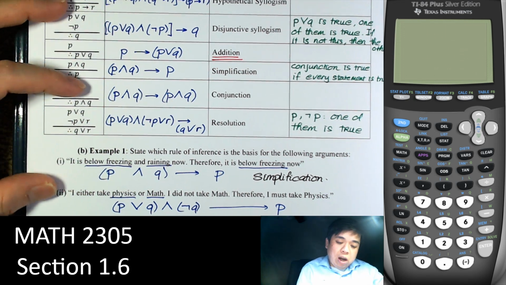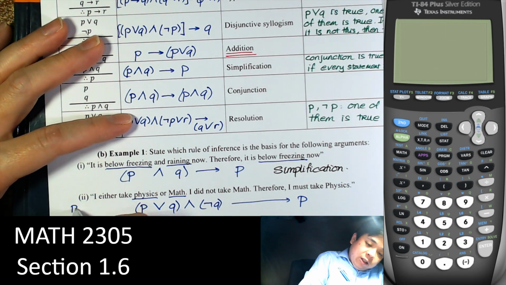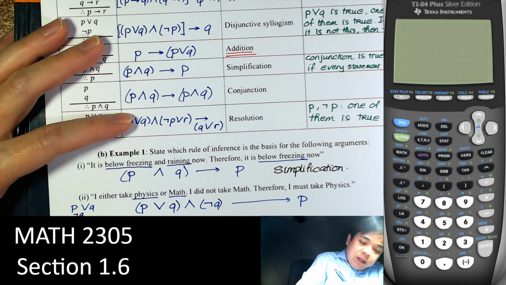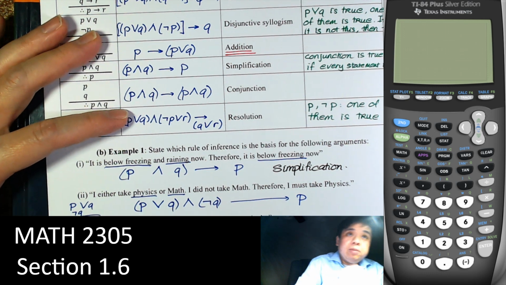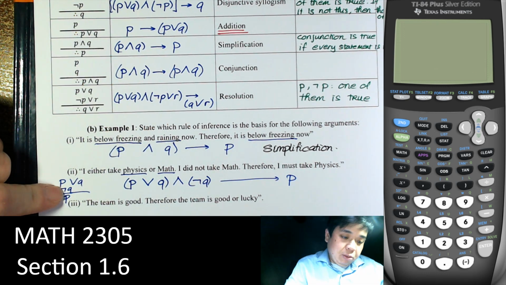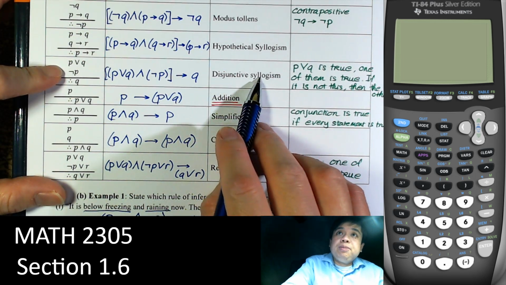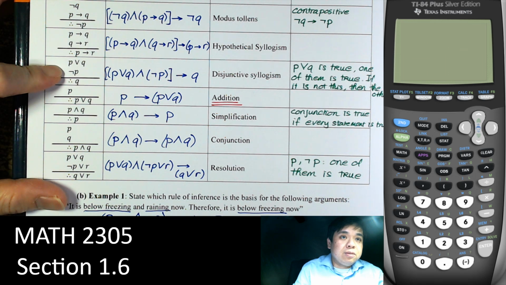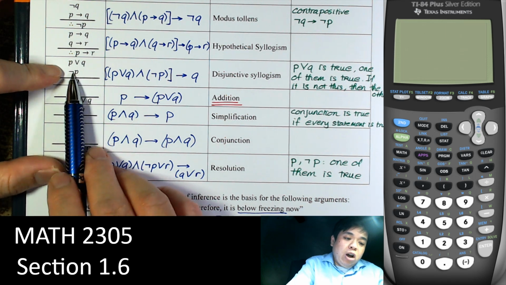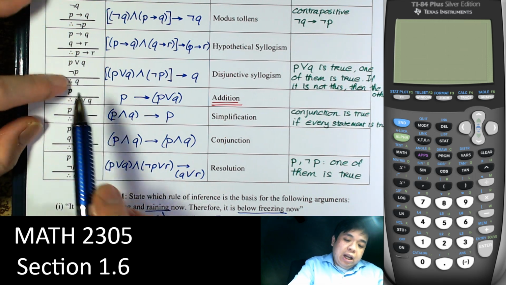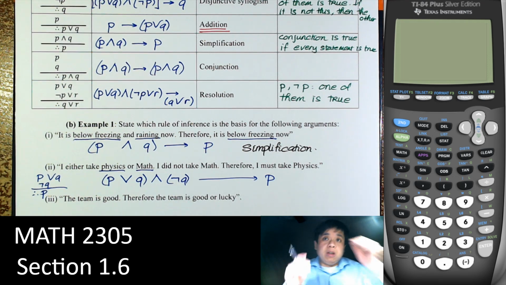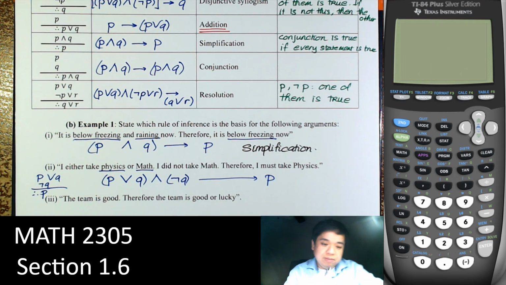Of course you can write it like that, or you can write P or Q, not Q, implies P. Yeah, you can write like that. And of course when we write like that, we know it is the disjunctive syllogism. It could be not P then Q, or not Q then P. Of course, if it's not one, it has to be the other.